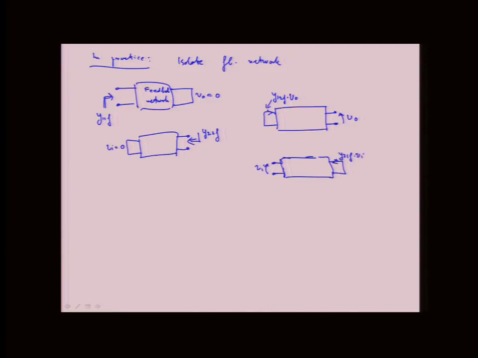So that would be your reverse path, the current. These things we'll do often by inspection. If you do enough of these problems, you'll be able to just see the network and figure out what parameters you're going to use.